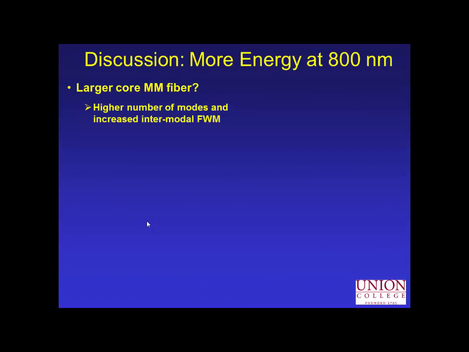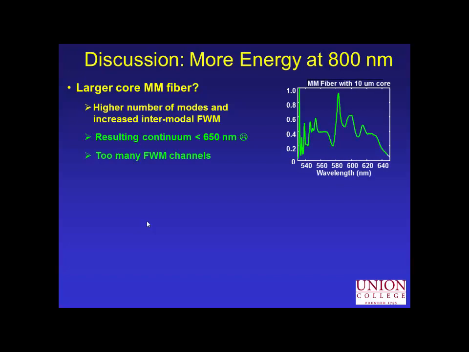As far as trying to scale to higher energies, larger cores are possible. Maybe the higher number of modes in the larger core fiber can lead to increased four-wave mixing. But when we actually tried that experiment, with the larger core fiber we did get a continuum, but it didn't extend very far in wavelength, only about 650 nanometers.